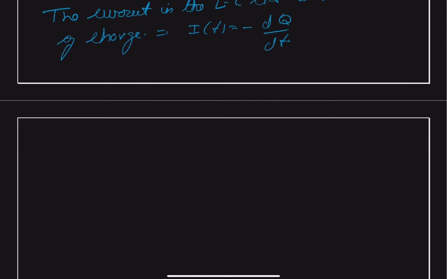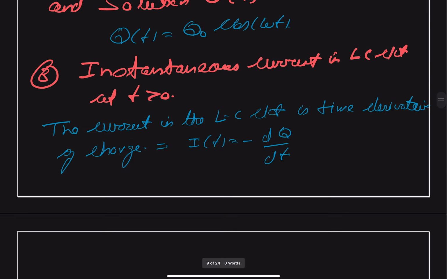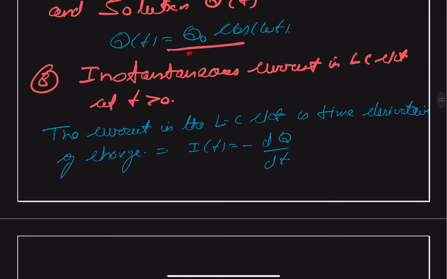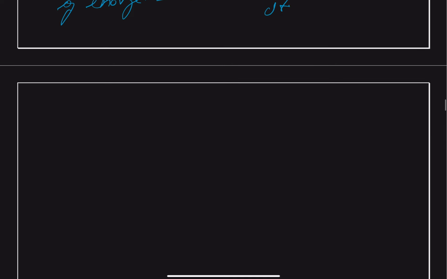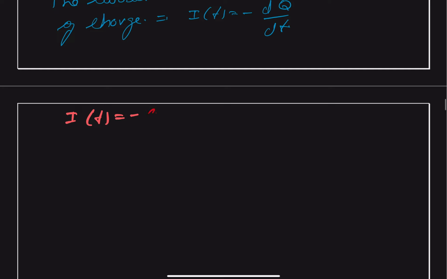And q, we just found out, is equal to q naught cos omega t. So we substitute it here. I of t will be equal to minus the derivative of q naught cos of omega t.